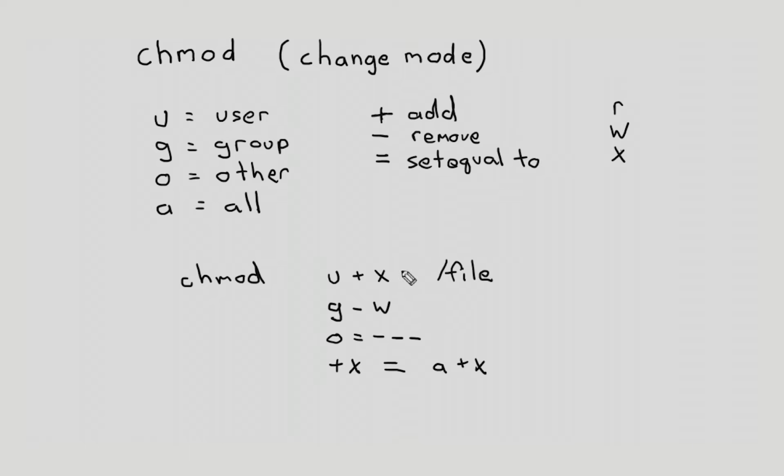Let's say we wanted to do u equal to read, write, execute, group equal to read and execute, and other equal to nothing.